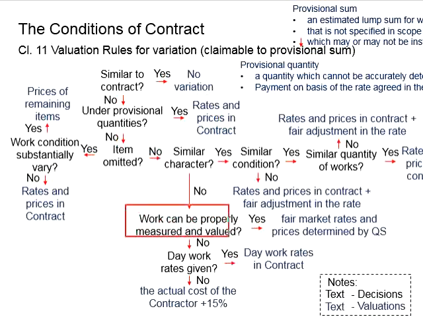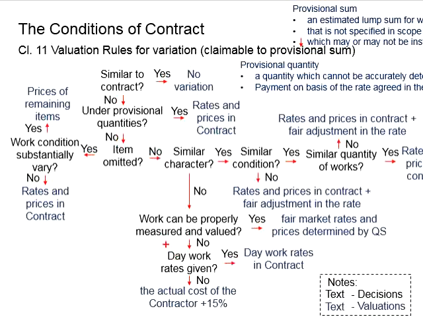Let's say the relevant work cannot be quantified or measured. Then our first option will be to find some mechanism to quantify it, which is by the number of days of the work. And then the payment will be on the basis of the rates of the day works in the contract.